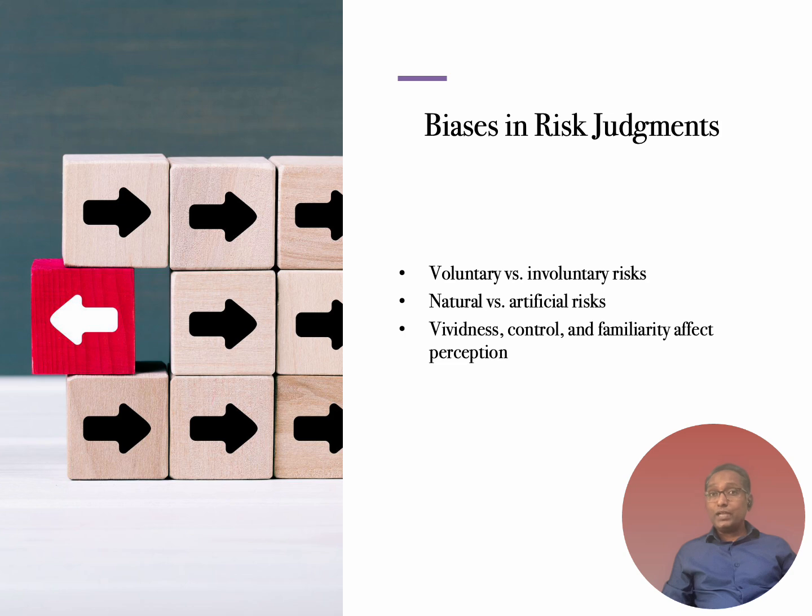Natural versus artificial: natural hazards feel safer even when they're objectively riskier. Vividness: dramatic events capture attention. Feeling in control lowers perceived risk, like driving yourself. Familiarity: familiar risks, even if deadly, are often underestimated.